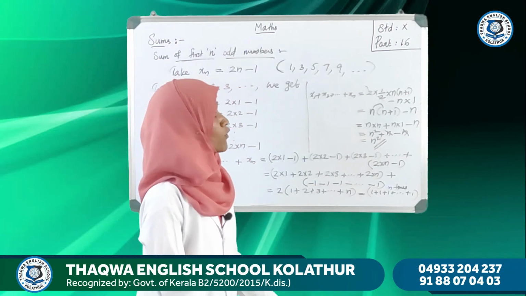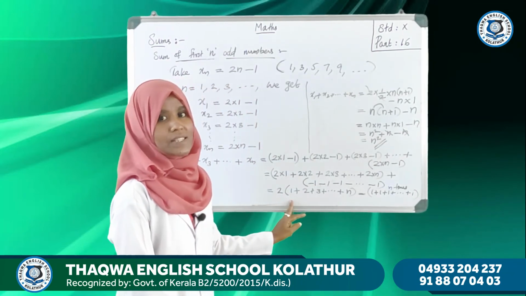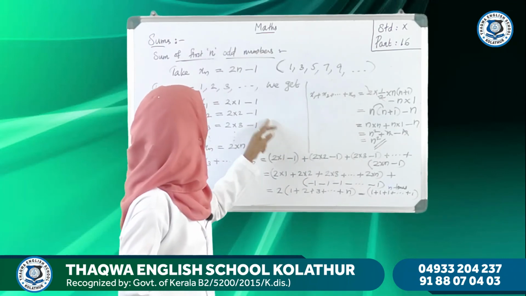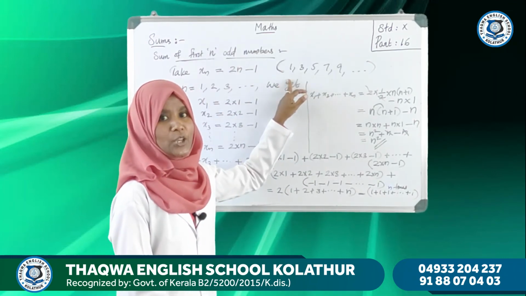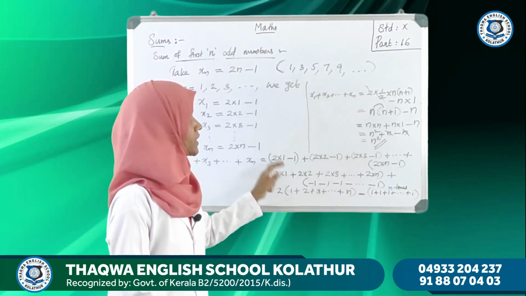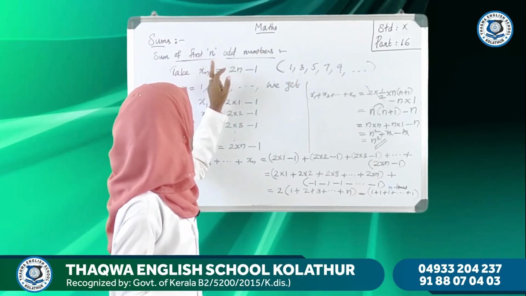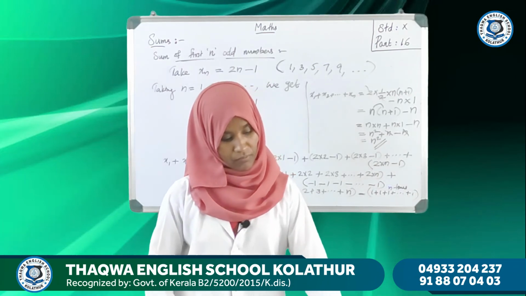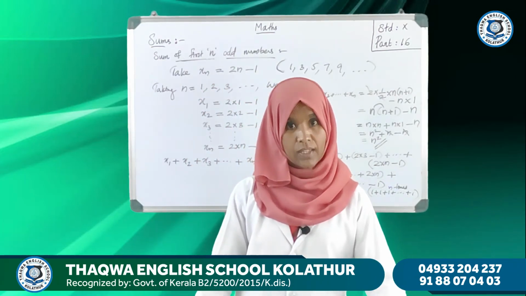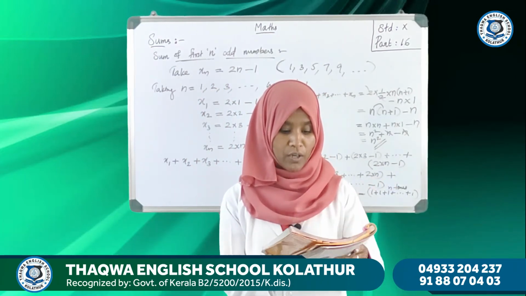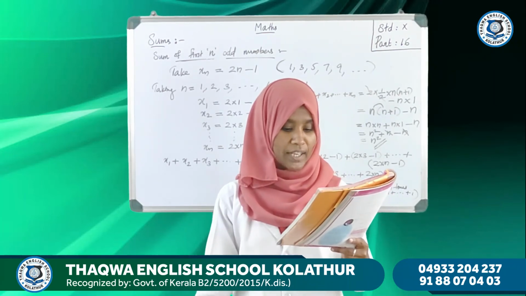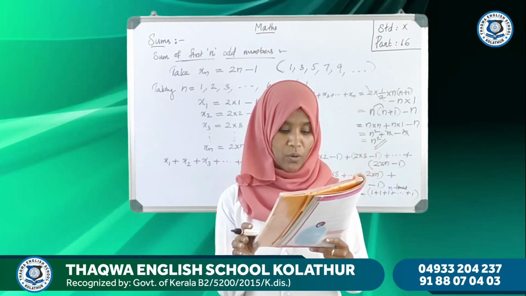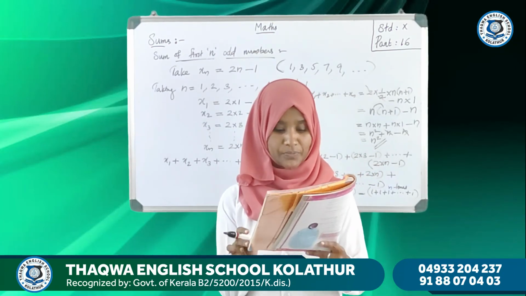Sum of first n natural numbers is half into n plus 1. Then sum of first n even numbers is n into n plus 1. The next one, sum of first n odd numbers is n square. That is, the sum of consecutive odd numbers starting from 1 is the square of the number of odd numbers added.